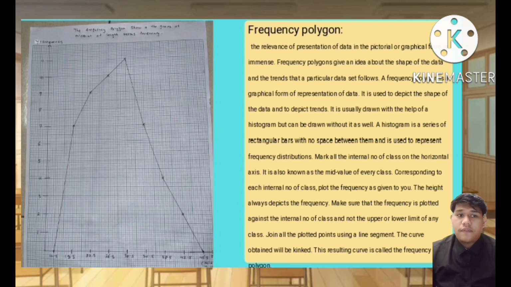Make sure that the frequency is plotted against the class mark and not the upper or lower limit of any class. Join all the plotted points using line segments. The resulting curve is called the frequency polygon.